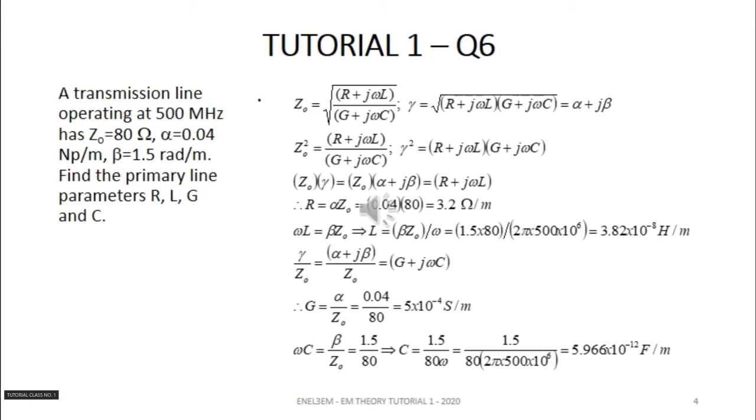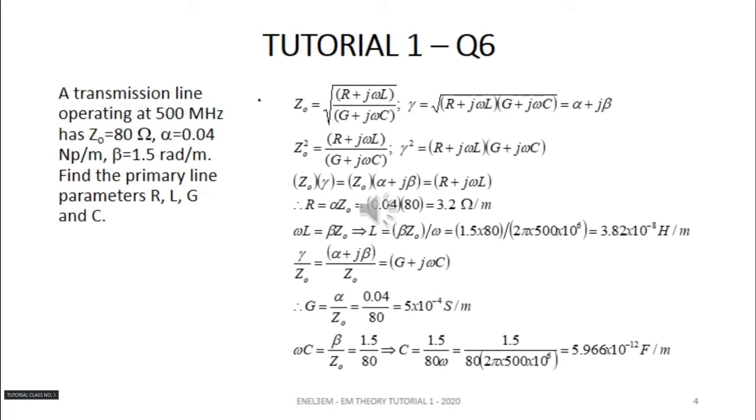Now, the second part, to get our G and C, we notice that gamma over Z0 is equal to alpha plus j beta over Z0, which is given by G plus j omega C. You can confirm that from the equations. And therefore your G is simply the real part of gamma over Z0, which is 0.04 over 80, which is 5 times 10 to the minus 4 Siemens per meter.